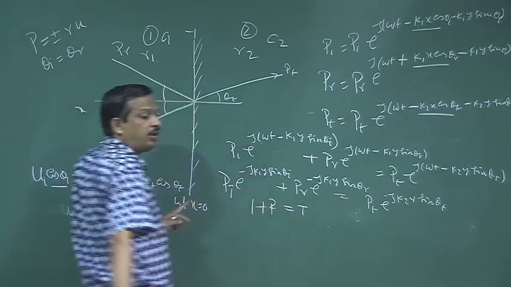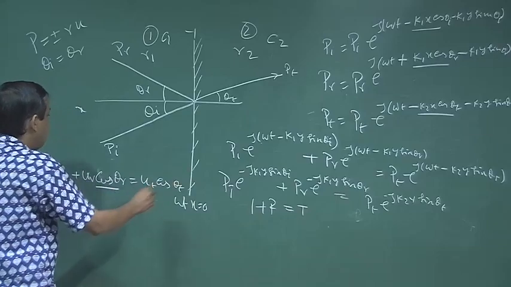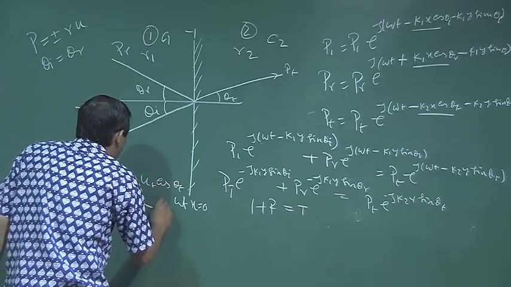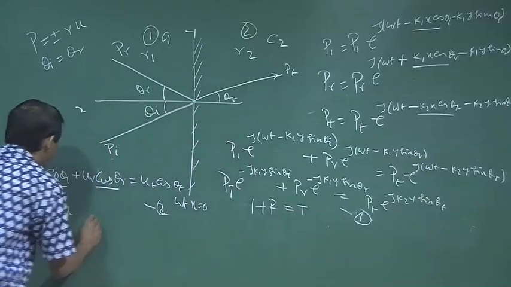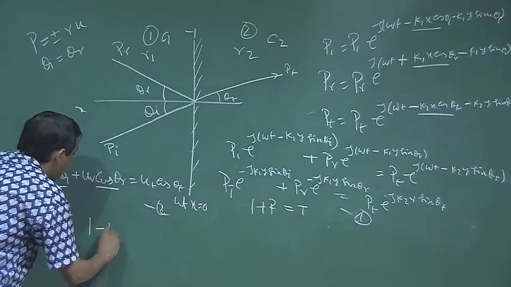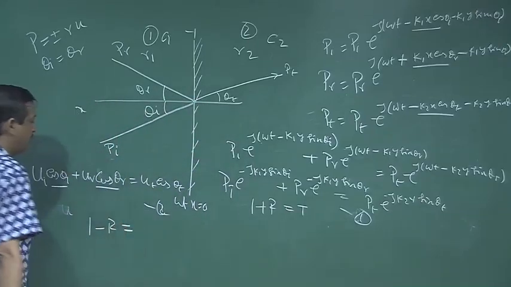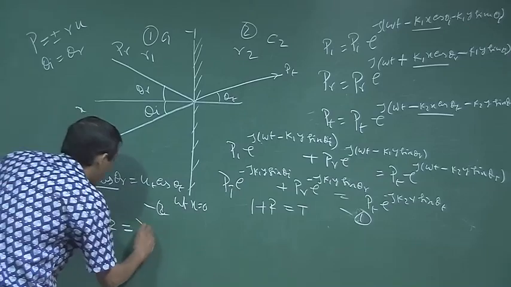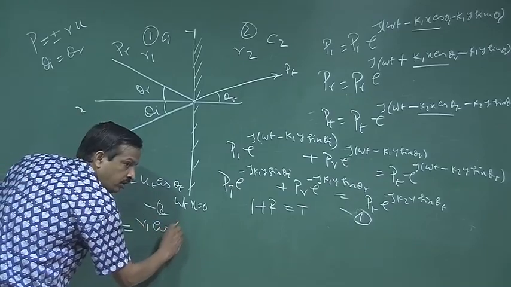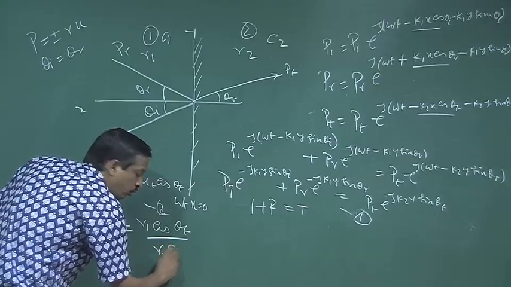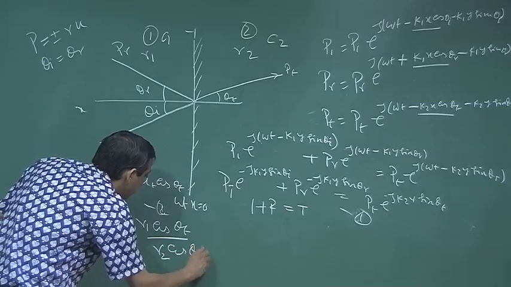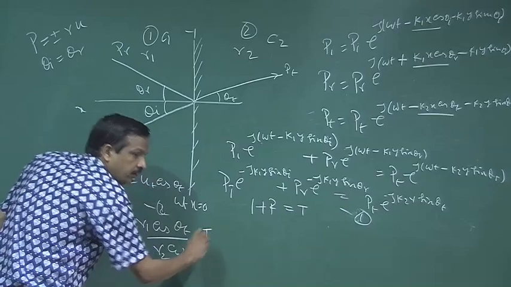So, using equation 1 and equation 2, I can get 1 minus r is equal to r1 cos theta t divided by r2 cos theta t into t.